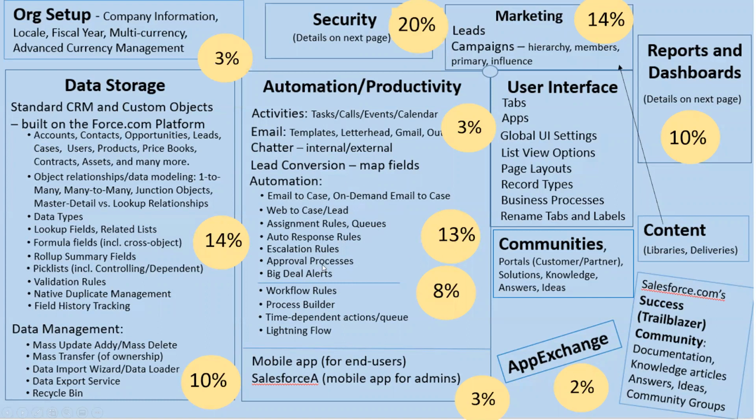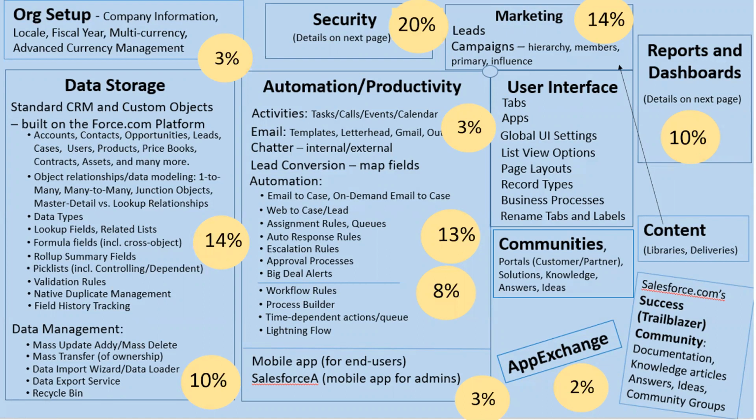So all of this automation for sales and service, and these more generic automation tools make up a big part of what you need to know. Next, obviously, security, followed then by your data modeling and fields and validation rules and duplicate management. All of these kinds of things is a large topic, followed by data management and reports and dashboards at 10%.